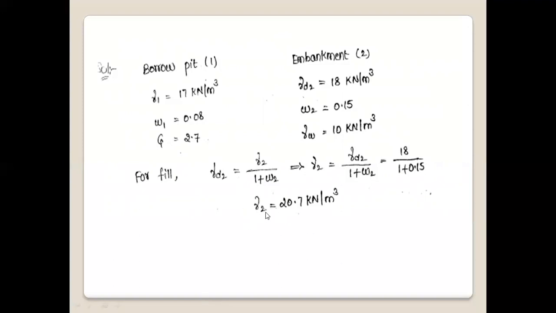Then finally gamma 2 equal to 20.7 kilonewton per cubic meter.